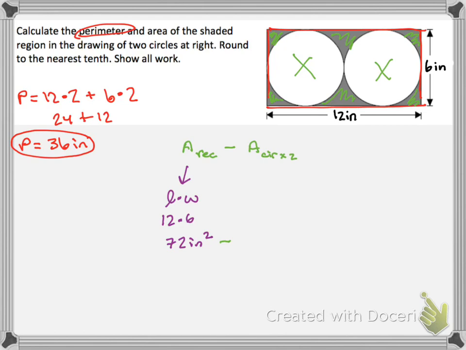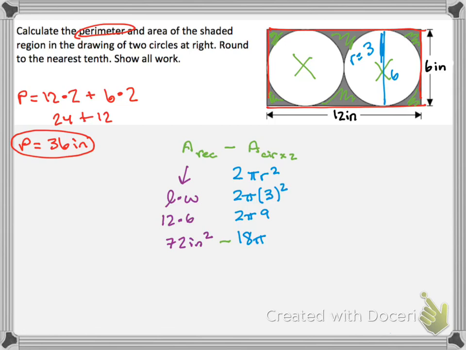So my circle is going to be pi r squared, and I have 2 of those. So I'm going to have 2 pi. And my radius here, because this is 6, my radius is going to be half of that. So my radius is going to be 3. So 3 squared. So we have 2 pi 9, so 18 pi.